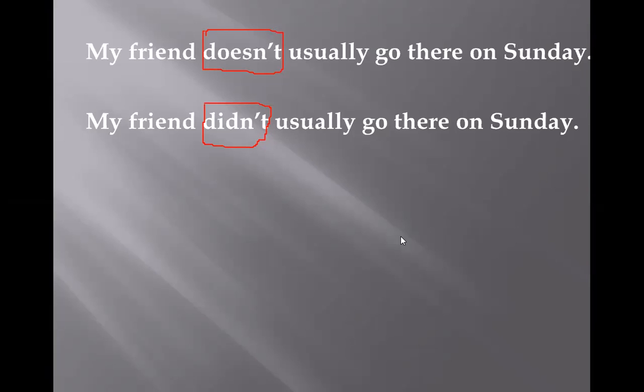If you just change the helping verb, you'll get the time of the sentence. Both are complete sentences for you. And what you find is that there is not a single word different other than the helping verb. Doesn't and didn't, not is similar, so you can compare does and did.